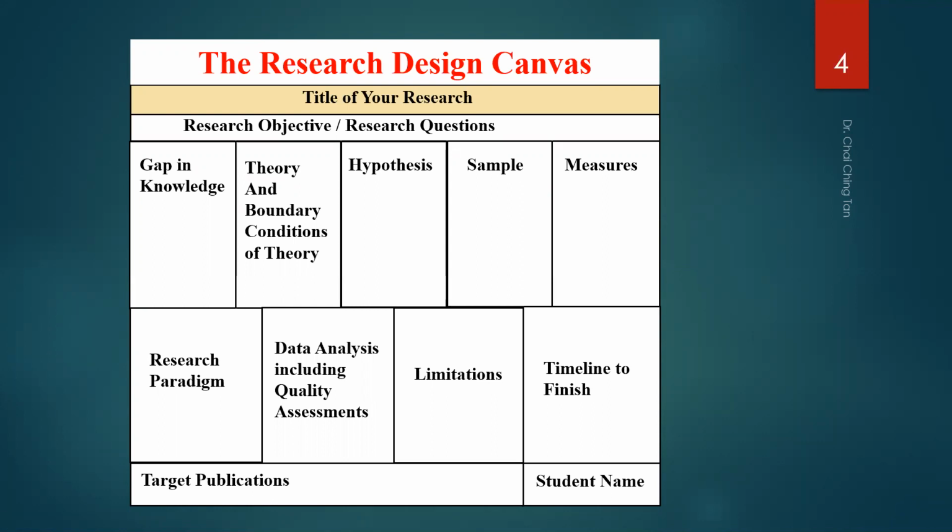It could be a theoretical gap, a practical gap, an empirical gap, a methodological gap, a cross-disciplinary gap, or whatever. Okay, and so within that literature review, a very strong one, though not necessary, but a strong one.